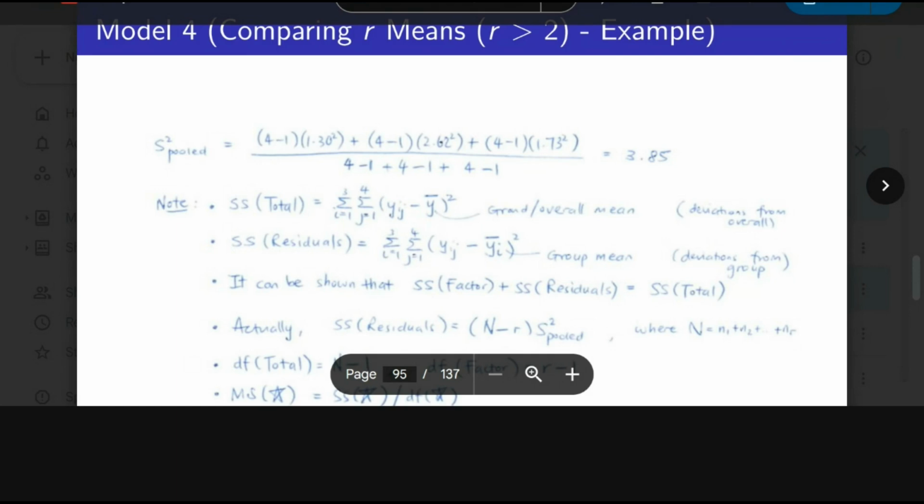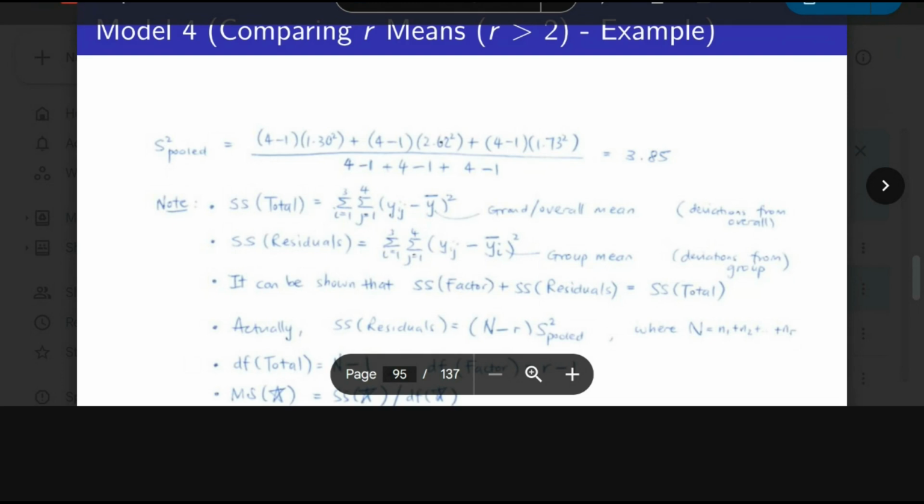This is what's left over after you take into account the fact that the chickens came from different feed types. So this is not the variability explained by the feed type. This is the unexplained, if you remember this phrase from the intro stats course with me. The model cannot explain the difference between the chicken and its group.